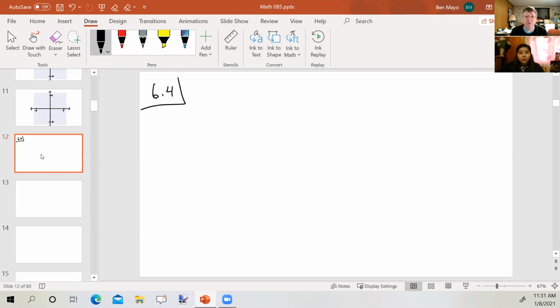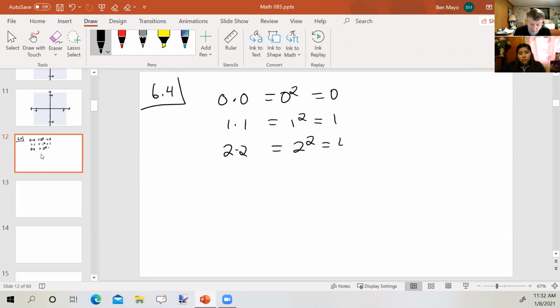All right, first of all, I want to look at some special trinomials. And before we do that, if I take 0 times 0, I get 0 squared or 0. If I take 1 times 1, I get 1 squared or 1. 2 times 2 is 2 squared or 4. 3 times 3, I get 3 squared or 9. 4 times 4, 4 squared, I get 16.